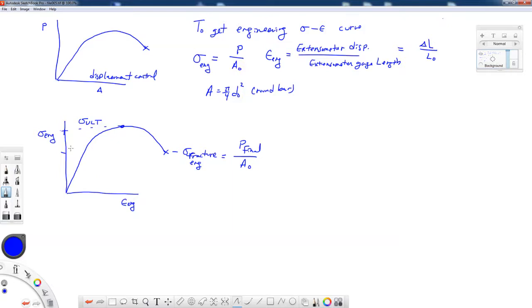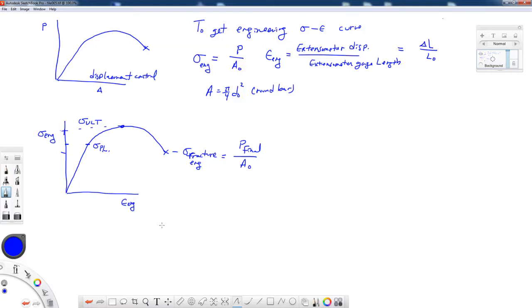And the point of deviation from linearity, maybe it's around this point right here. It also has a specific name, and I'll write these down in just a moment. That's called the proportional limit stress, sigma sub PL. It's the highest point on the stress strain curve where we still have a straight line relationship between stress and strain.